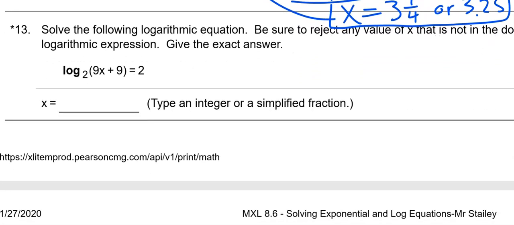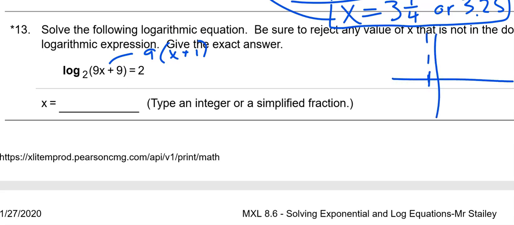So 9x plus 9. That's hard for me to show you, and for it to make any sense. I guess I could write it as 9 times x plus 1, which would help you see that it's been shifted 1 to the left.